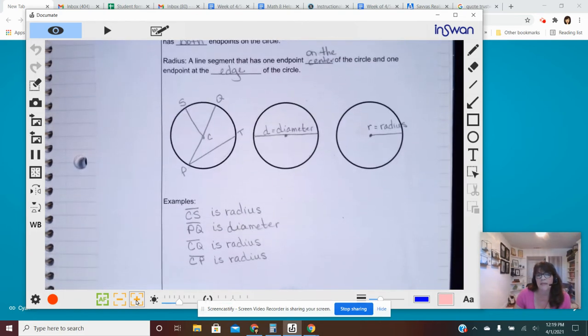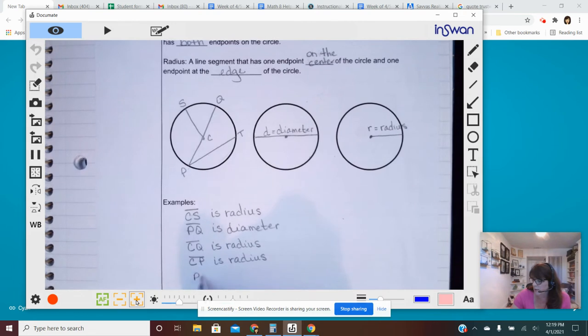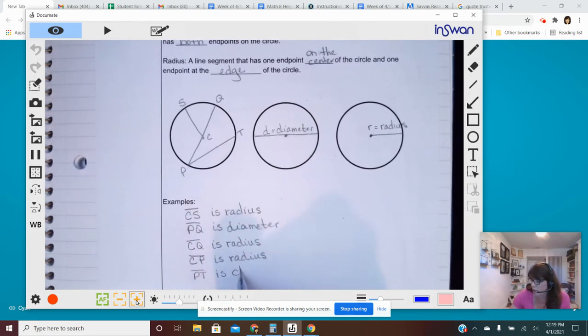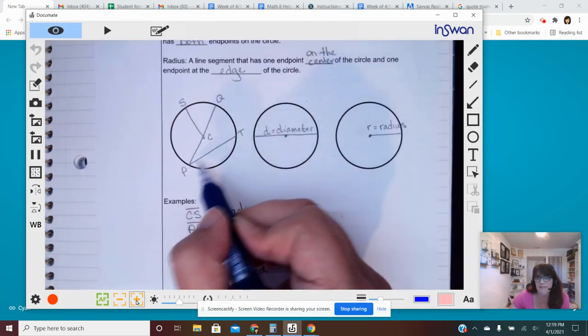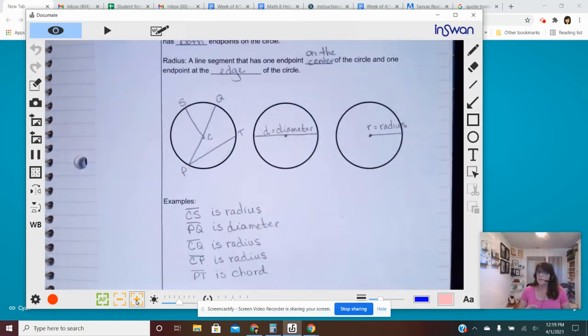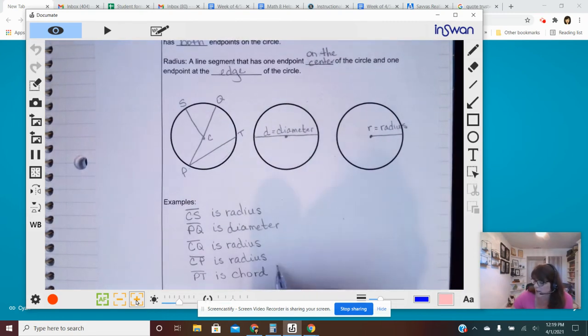But what about PT? PT is something called a chord, just like a musical chord. Okay? A chord does not go through the center. We are not going to be using those in our measurements, but I do want you to know what they are. Okay?